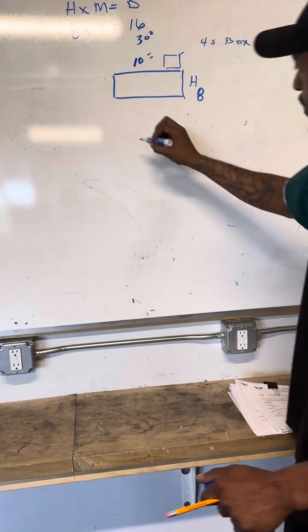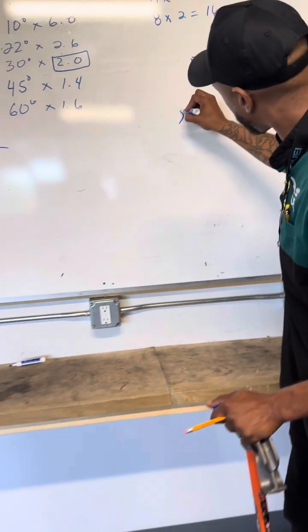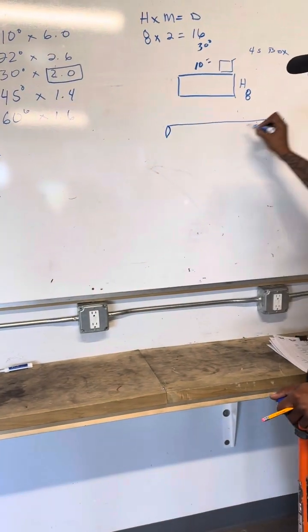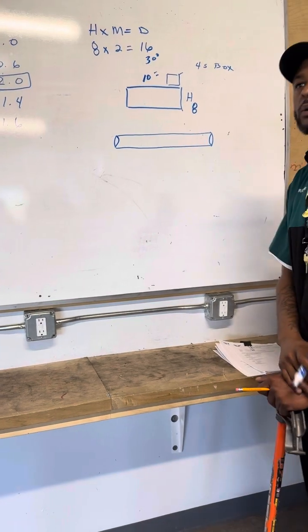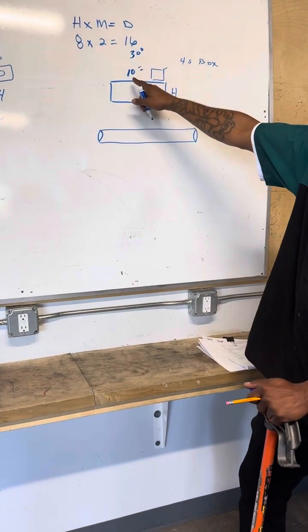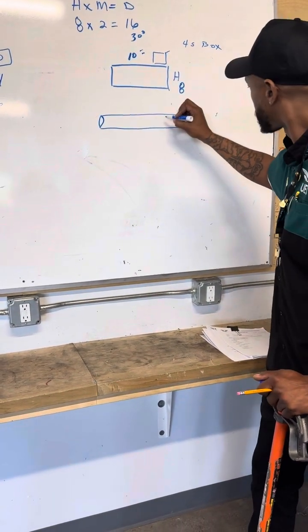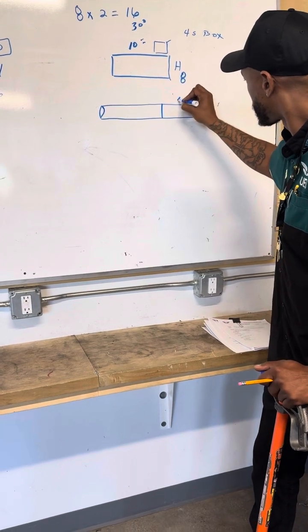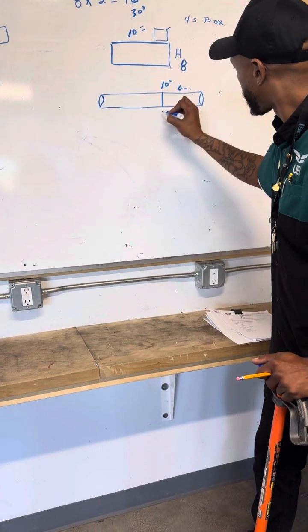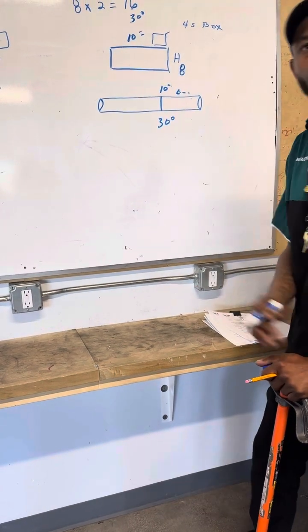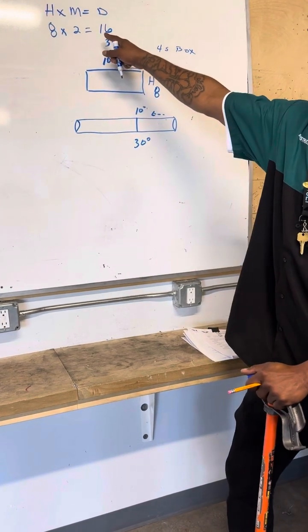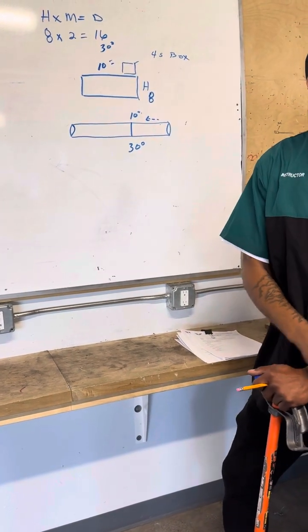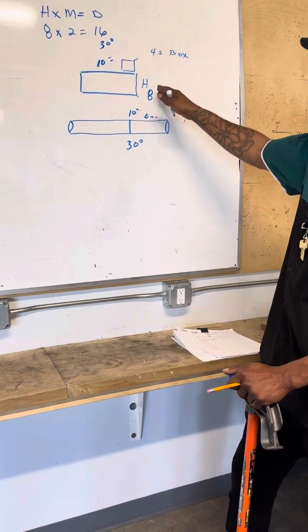Hypothetically speaking, this here is our piece of EMT. First mark I'm trying to get to is 10 inches, 10 inches at 30 degree. My second mark is 16 because that's the multiplier for 30 degree times the height.